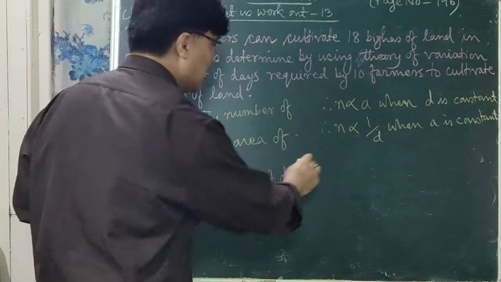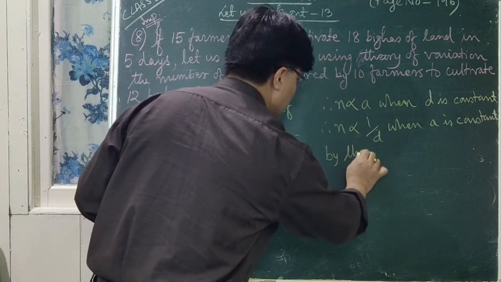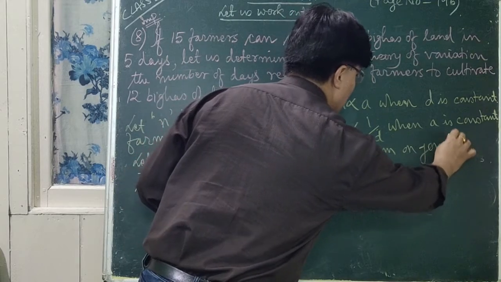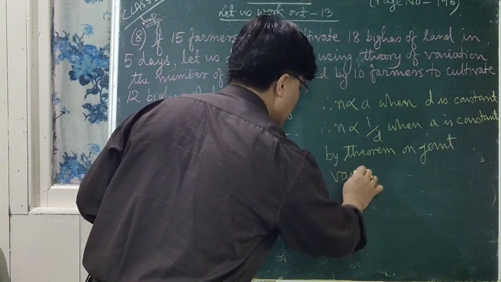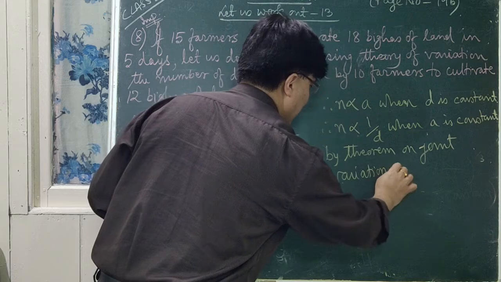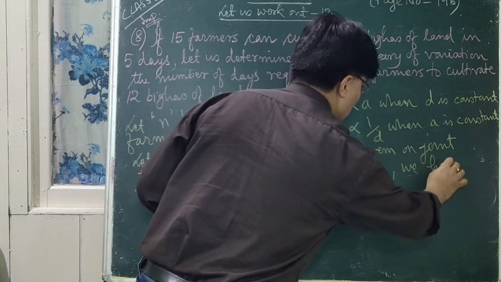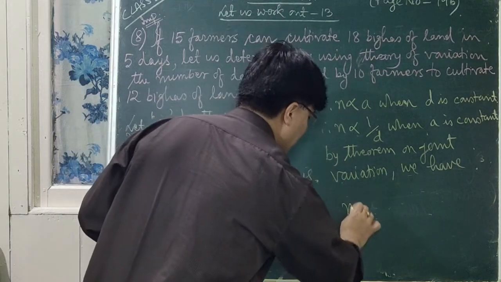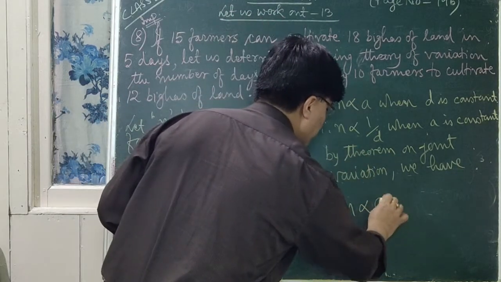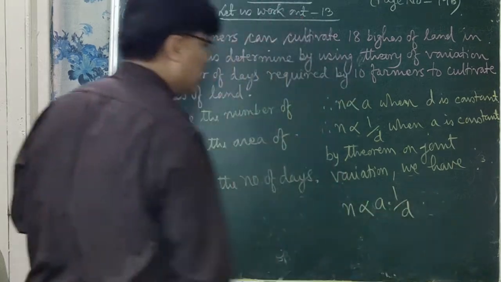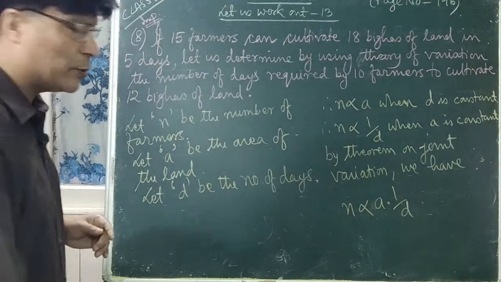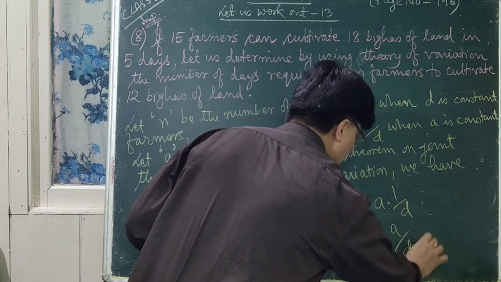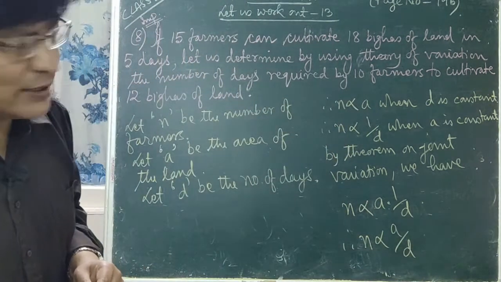So here, by theorem on joint variation, we have N proportional to, you can multiply these two. So this is the theorem on joint variation. That is, N is proportional to A upon D. Is that clear to all of you?